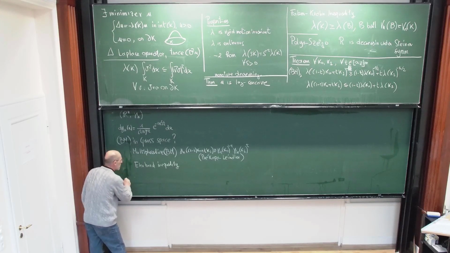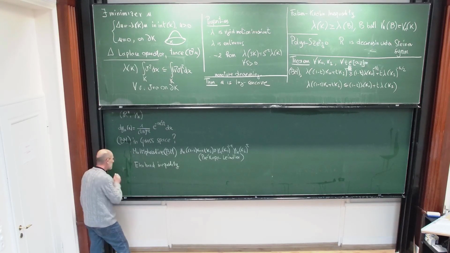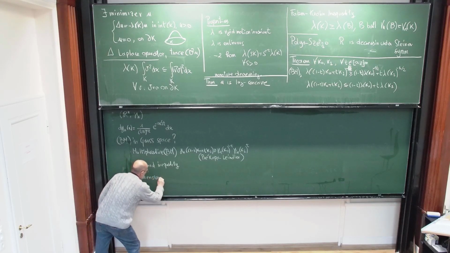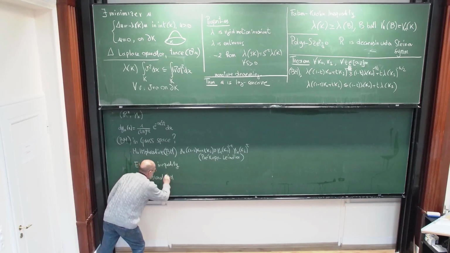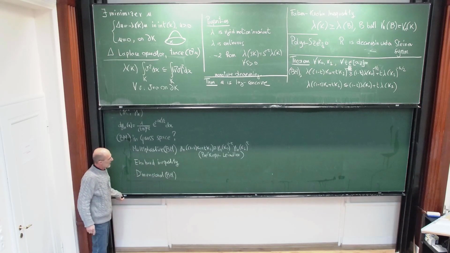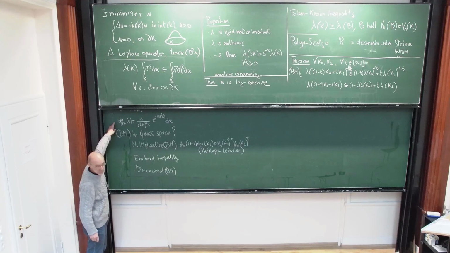And then there is also the dimensional Brunn-Minkowski in Gauss space. So there is exactly the Brunn-Minkowski inequality with the Lebesgue measure replaced by the Gauss measure.